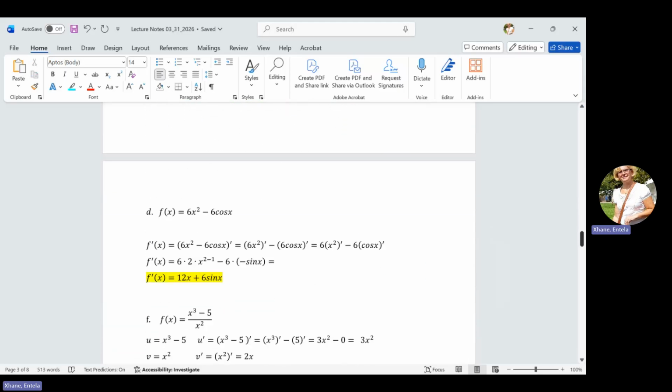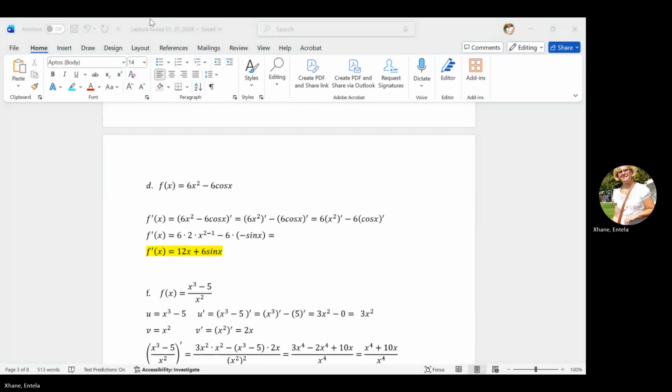So let's go back. There you go. And then we are differentiating those two individually. So differentiating 6x squared, differentiating 6 cosine of x. Both terms have a coefficient 6.